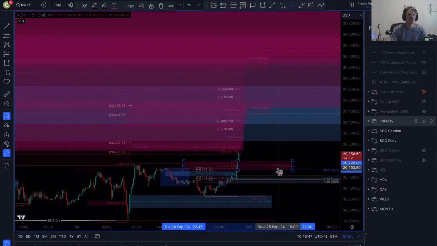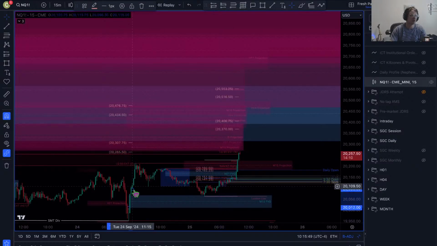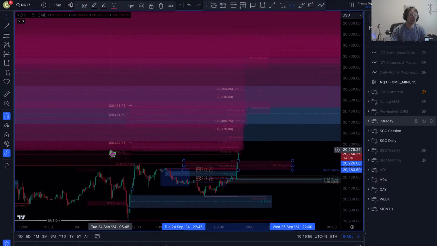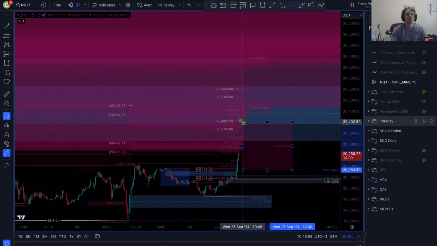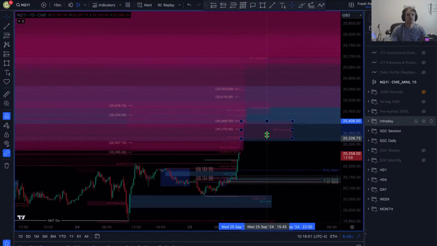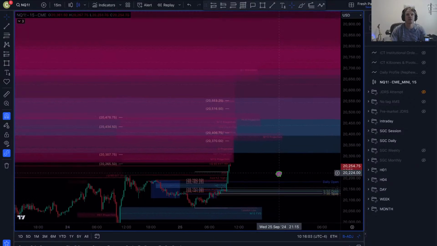But anyway, that hit the M15 projection from yesterday when we had that push off of the previous day low yesterday. That gave us a jump start, and that just hit the second objective of that jump start. So I would expect a pullback here.